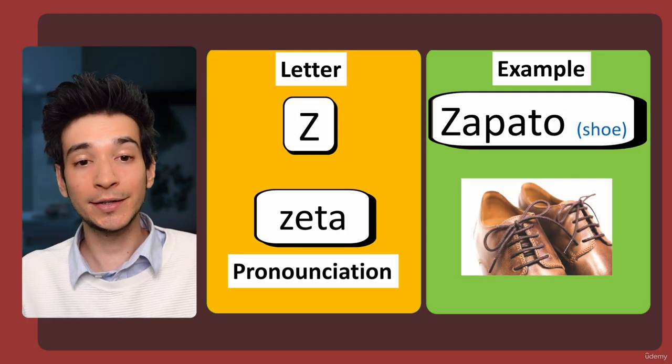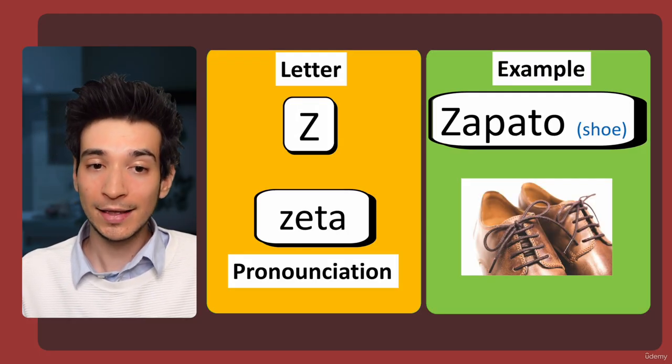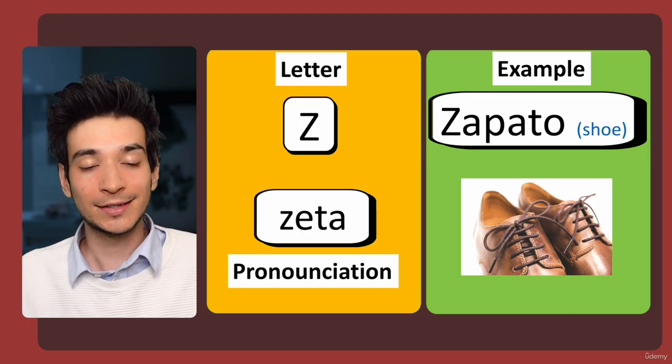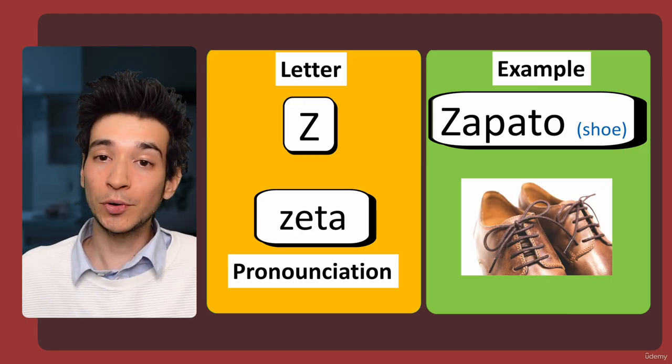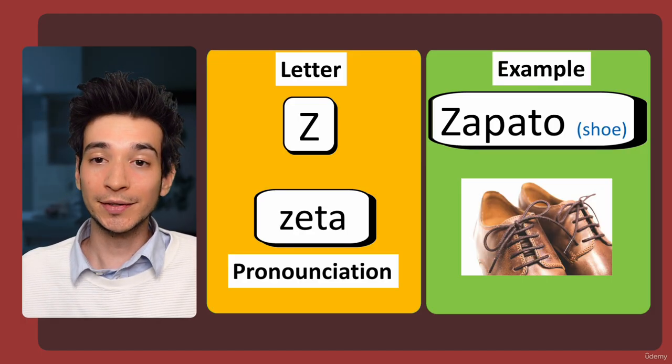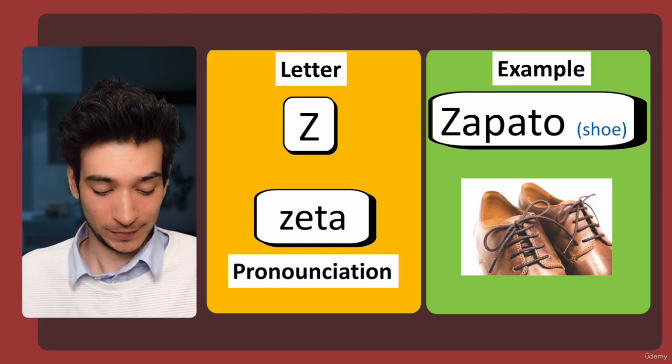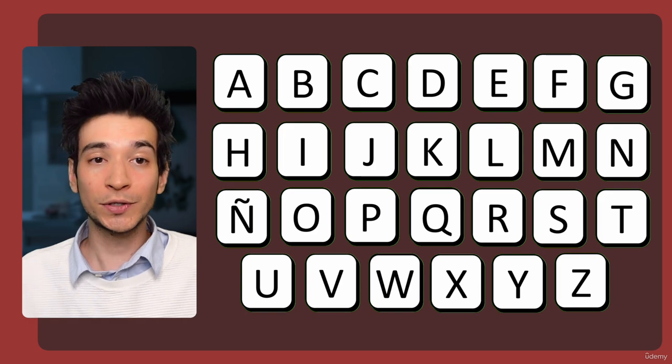And the last one is zeta. For example, zapato, which means a shoe.